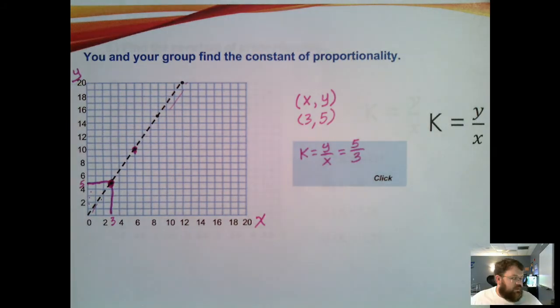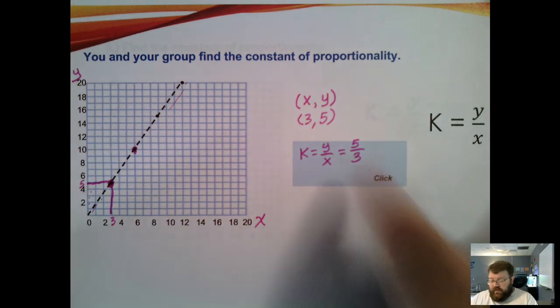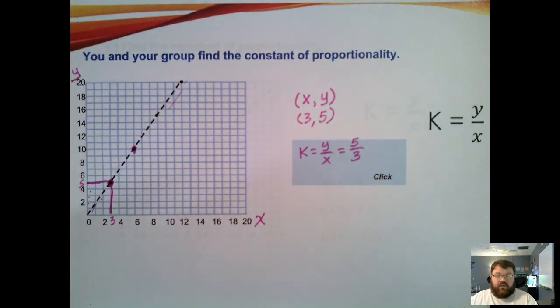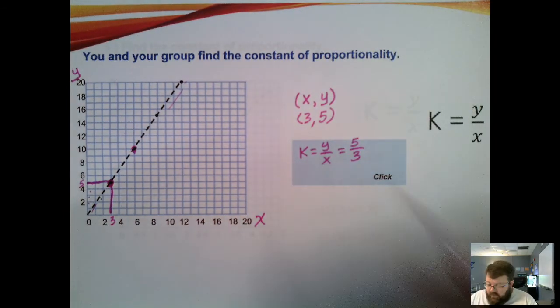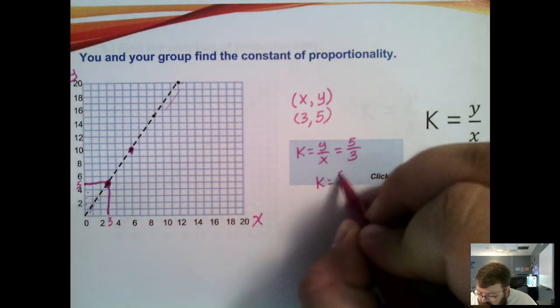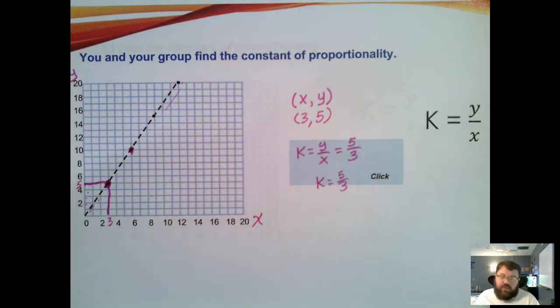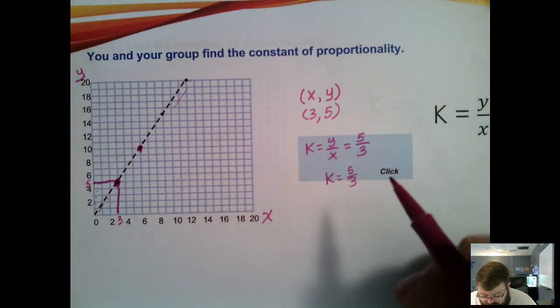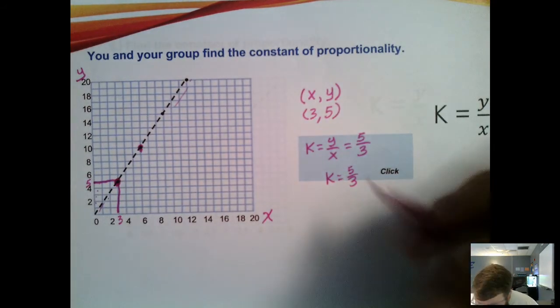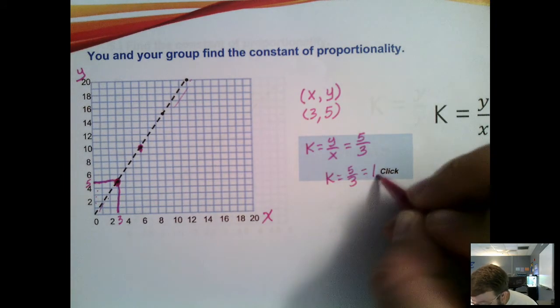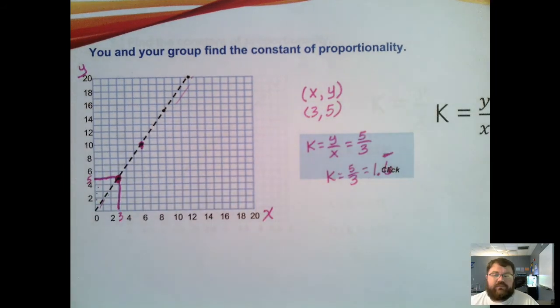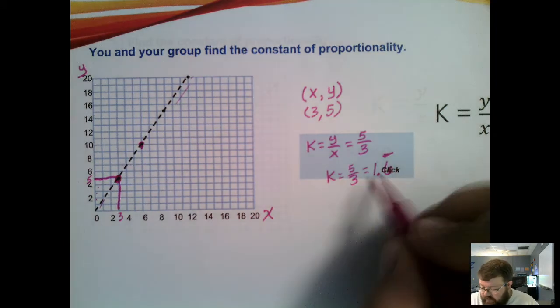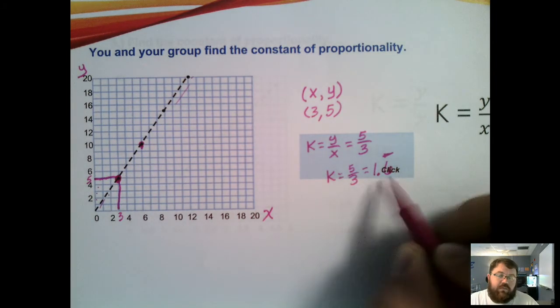Now sometimes you will have problems that maybe leave your constant as 5 over 3. Okay, there's nothing wrong to say k is equal to 5 over 3. However, most will have you go ahead and divide that. So 5 divided by 3 is going to give you 1.6 repeating. So the constant of proportionality is 5 over 3, or 1.6 repeating.